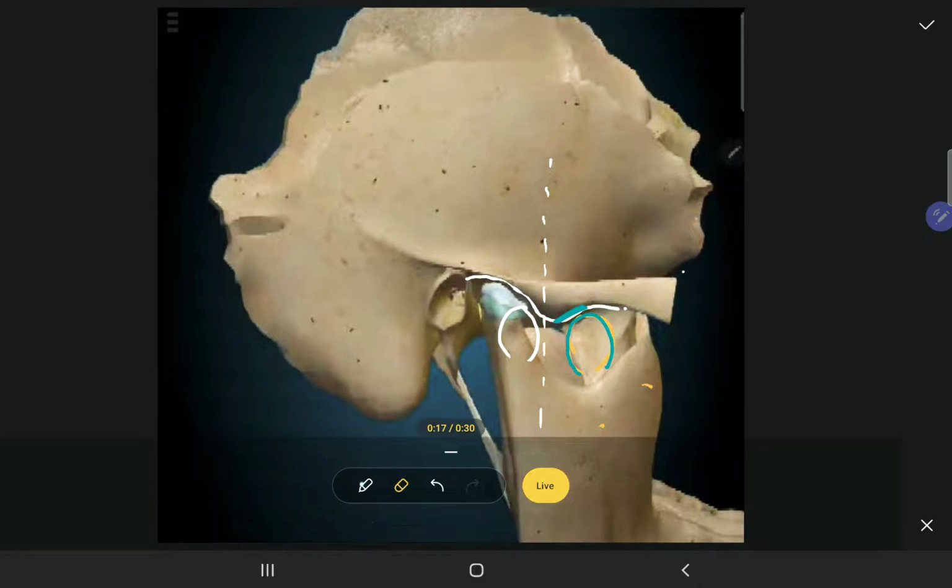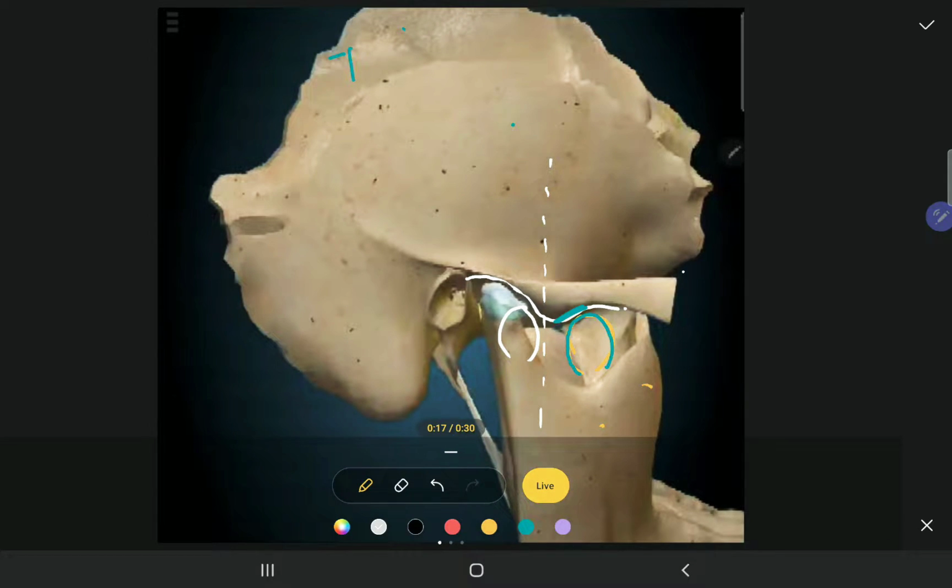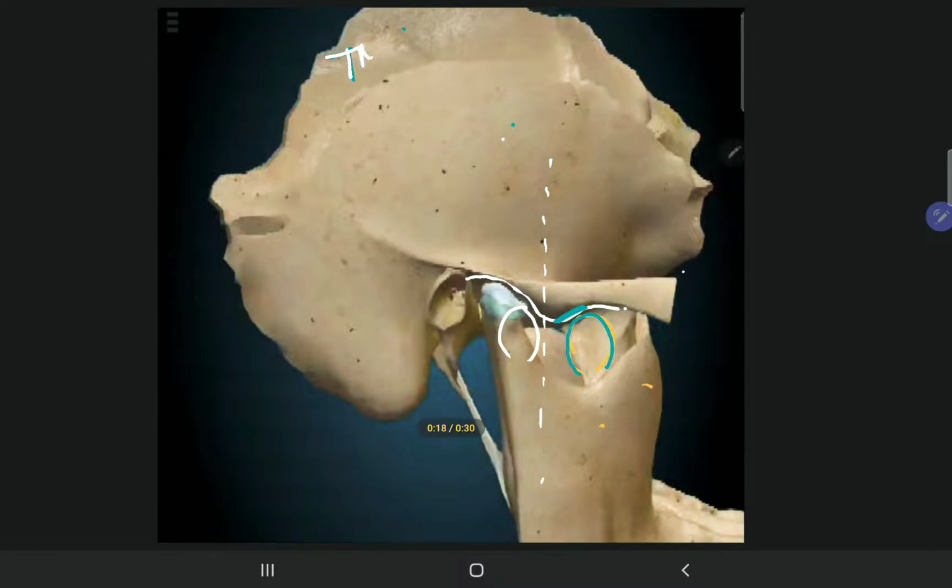So we are not talking about the disc, we are talking about the condyle, the temporomandibular joint here. So this situation is temporomandibular joint dislocation, right?